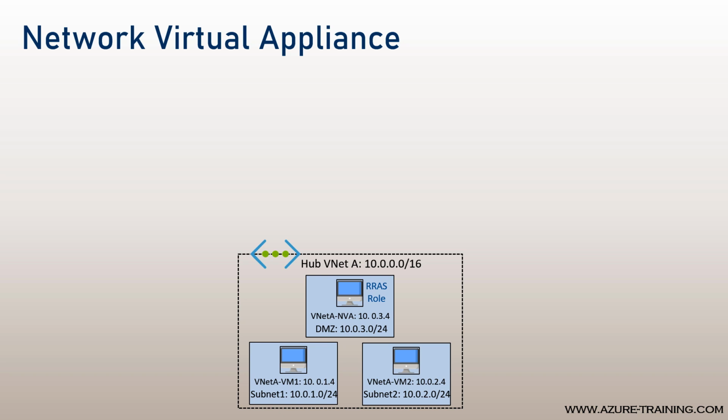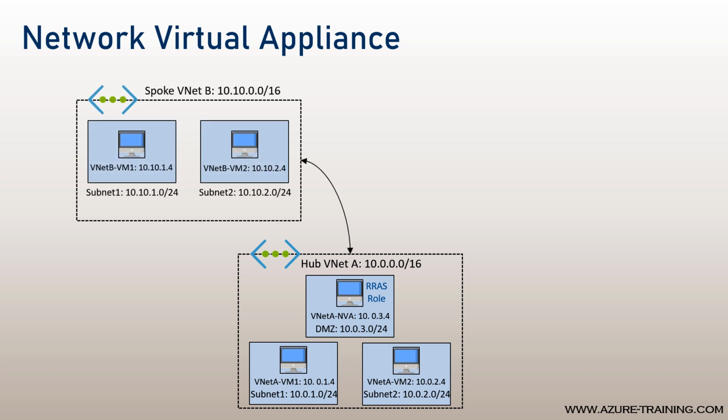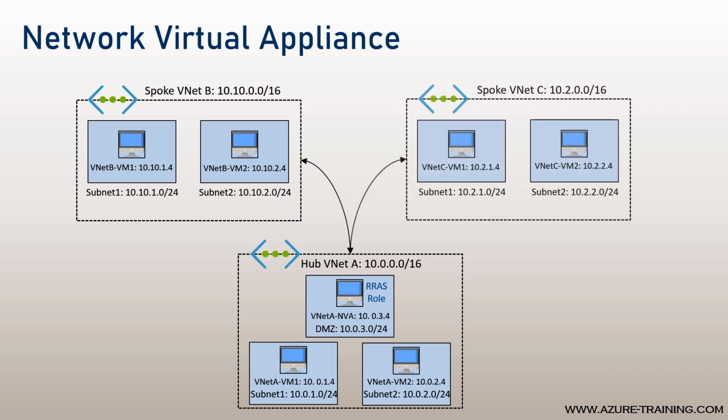This hub virtual network is connected with one of the spoke VNets, which is VNet B. It has an IP address space of 10.10.0.0/16. This one also has two subnets, and each of the subnets has one virtual machine. The hub virtual network is also paired with another spoke VNet, which is VNet C. This one has an IP address space of 10.2.0.0/16 with two subnets, subnet 1 and subnet 2.